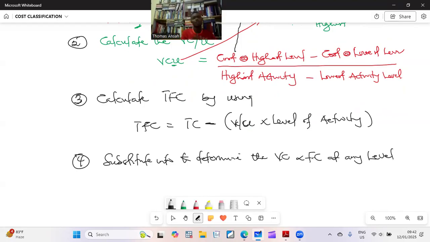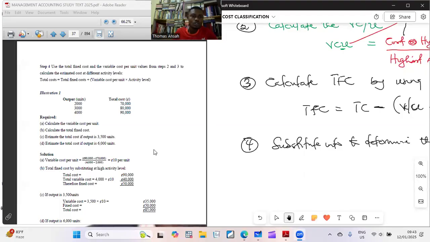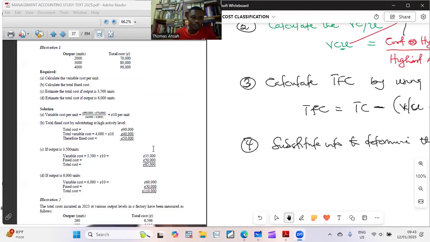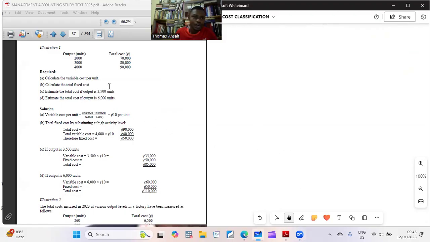All right. So once you learn something like this, the best thing to do is to put it into practice. So we are going to practice it right now with questions. All right. So we go to the manual and we take illustrative questions. Now, these are the illustration, and this is the level of the activity and the total cost.